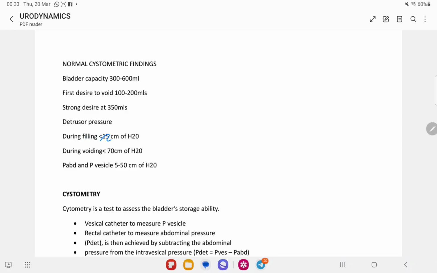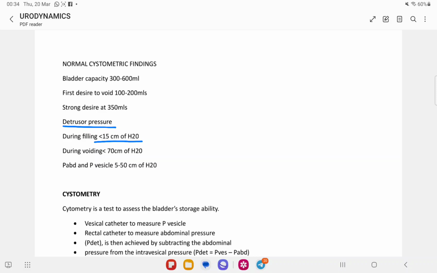The other one is detrusor pressure. The detrusor pressure during filling is less than 15. Keep in mind that in cystometry there is a filling phase and a voiding phase, which I will explain in a while, and we will discuss them one by one.